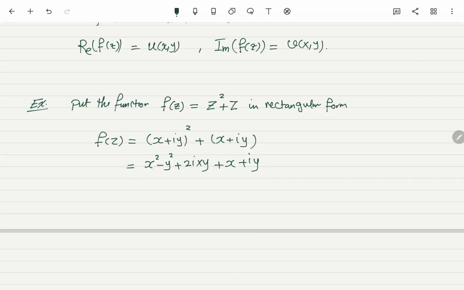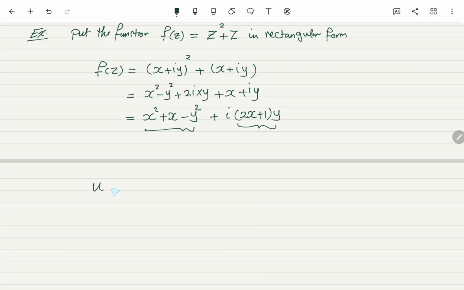Now add the real with the real and the imaginary with the imaginary. You will get (x squared + x - y squared) + i(2x + 1)y. Therefore, this is the real part and this is the imaginary part, and we just placed the function f(z) in rectangular form.